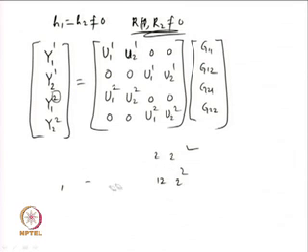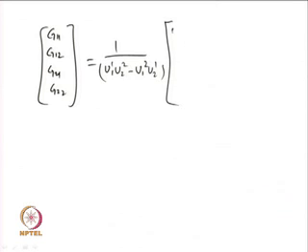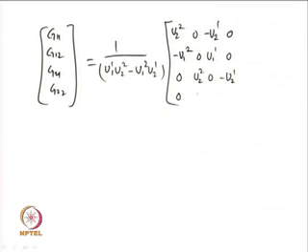So, we obtained the signal in the Laplace domain in this form, which ultimately can be written so that G11, G12, G21, G22 will be equal to a matrix inversion, which can be solved and found as U11 U22 minus U12 U21 times the matrix with entries U22, 0, minus U21, 0, minus U12, 0, U11, 0, 0, U22, 0, minus U21, 0, minus U12, 0, U11.